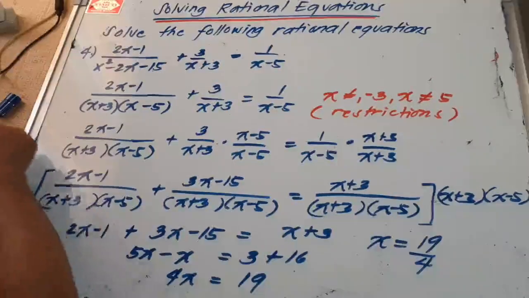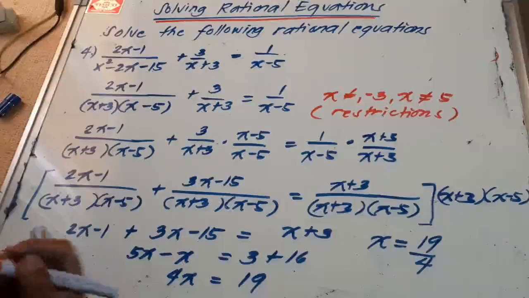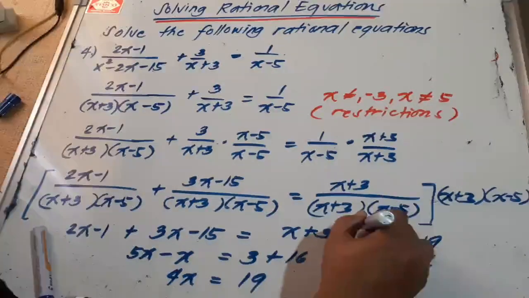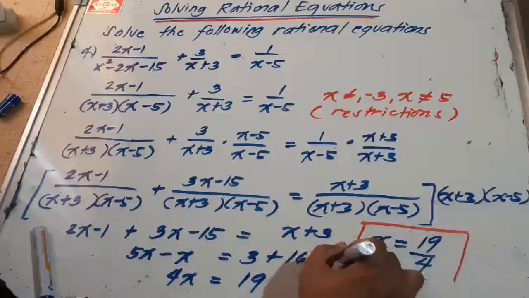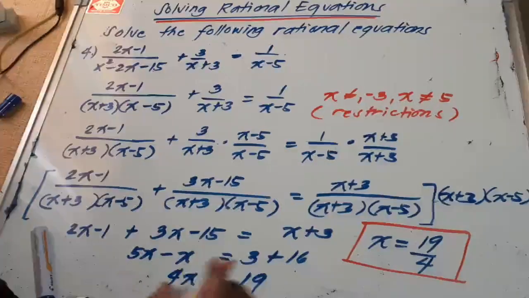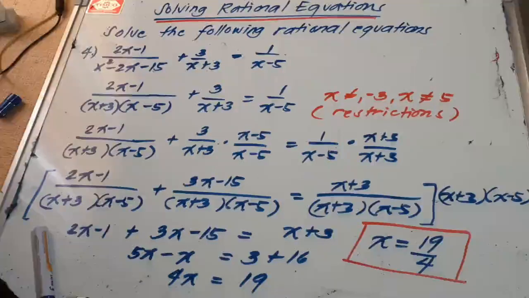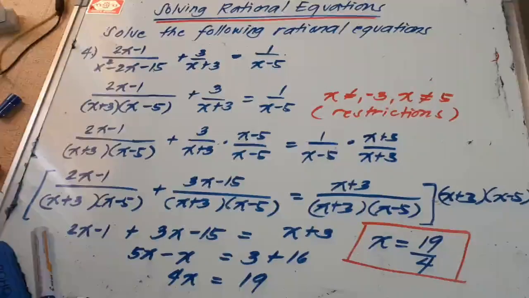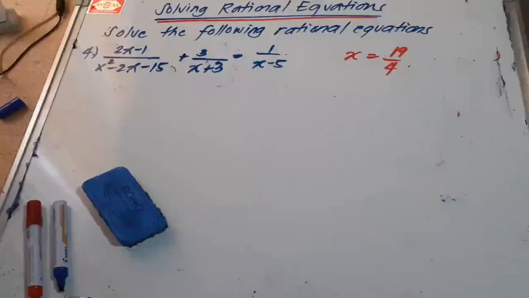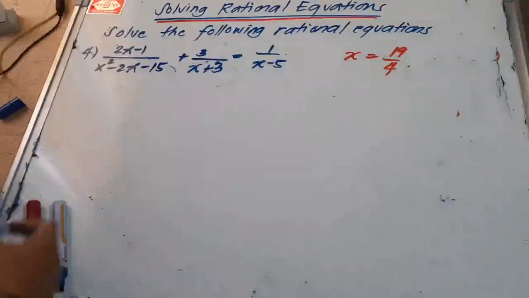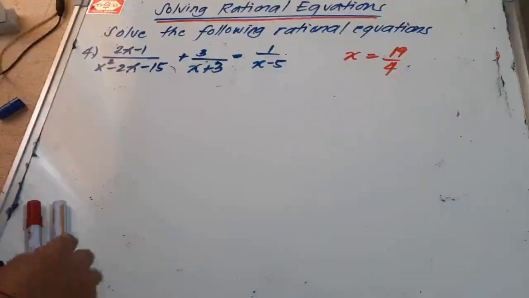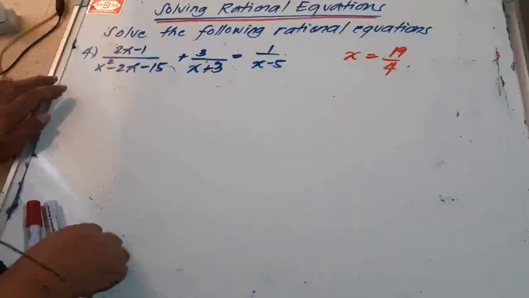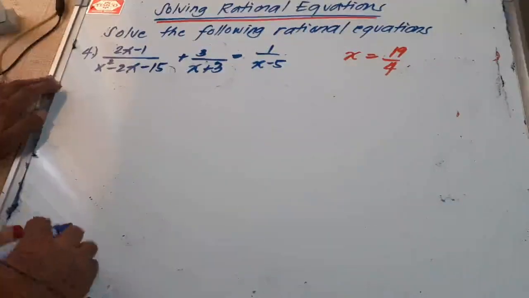So that is the solution to this rational equation. Let us check if our answer is correct by substituting the computed value of x to the original equation. Okay? Check natin. Check na natin yung ating na-compute na value ng x, which is 19 over 4. I'm going to substitute this to the original equation.